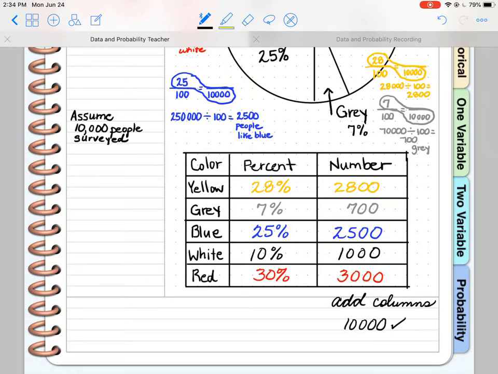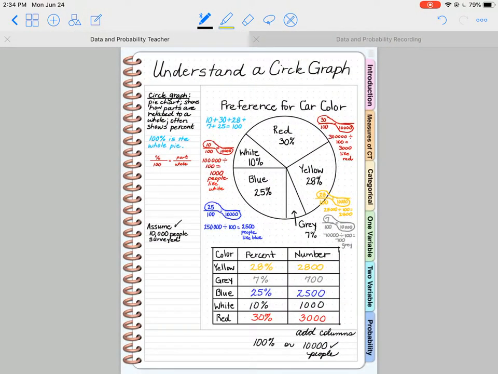Well, that makes me feel good because that's how many calls I made. And then let's add the percent column and make sure that we get, what should we get in the percent column? The whole pie is 100%, which is the same as 10,000 people. So we can be very sure that our math is in good shape there.